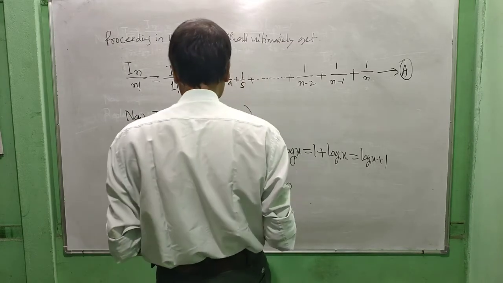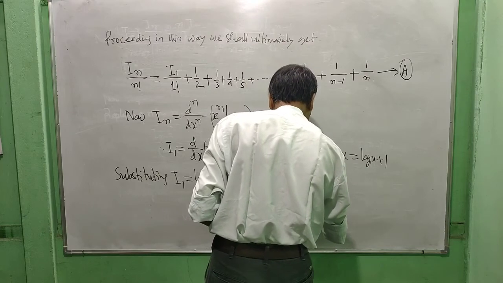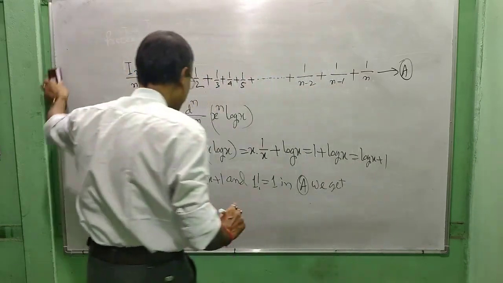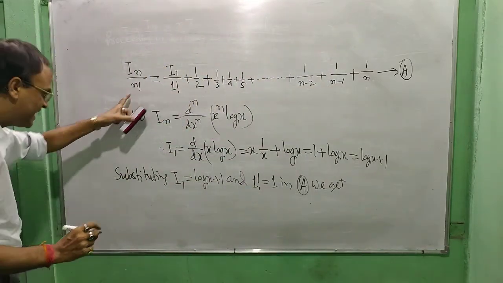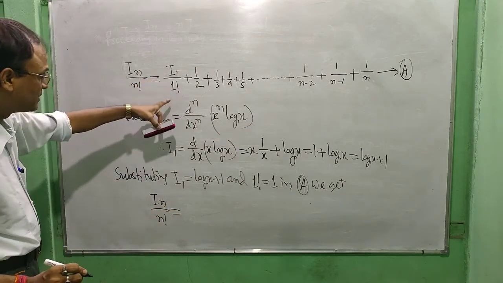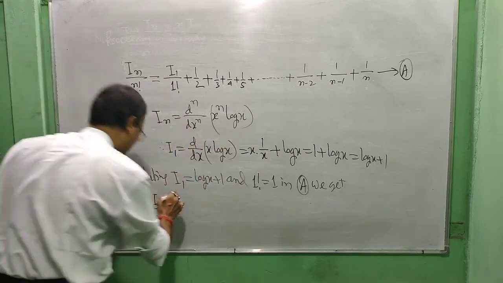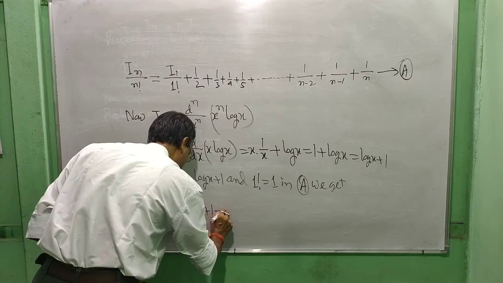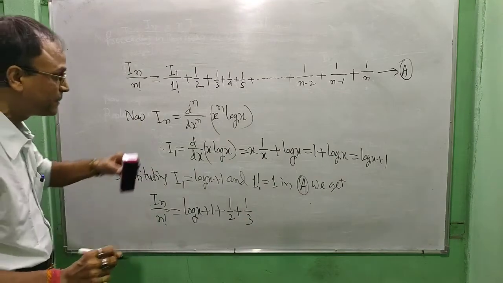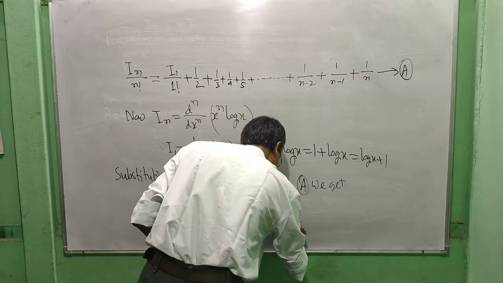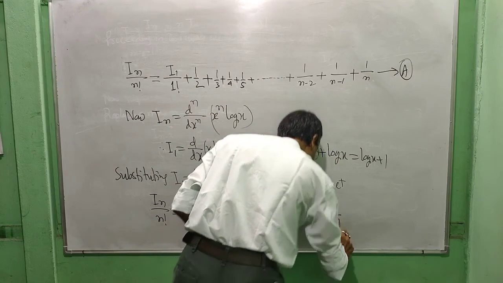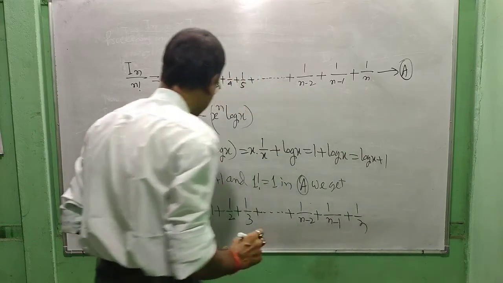In A we get I_n by factorial n is equal to log x plus 1 plus next term 1 by 2 plus 1 by 3 plus 1 by n minus 2 plus 1 by n minus 1 plus 1 by n.